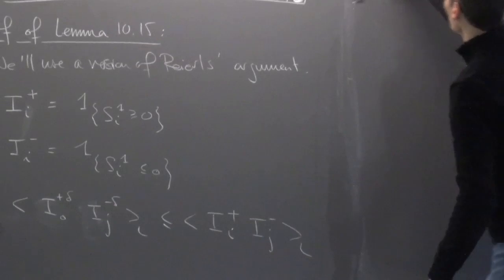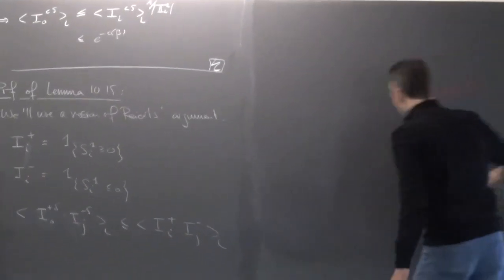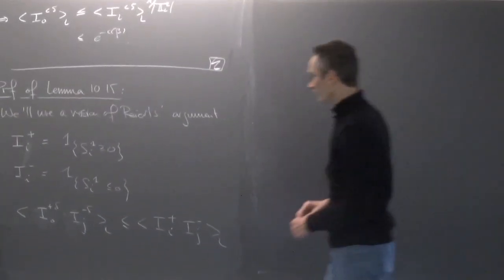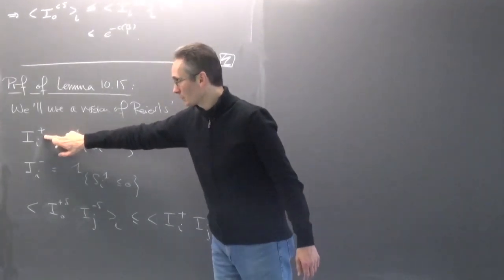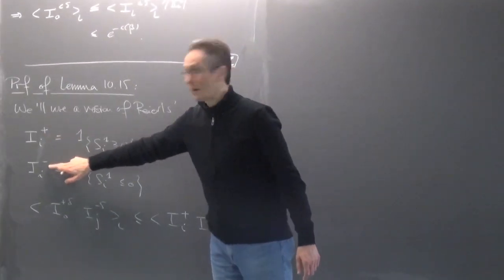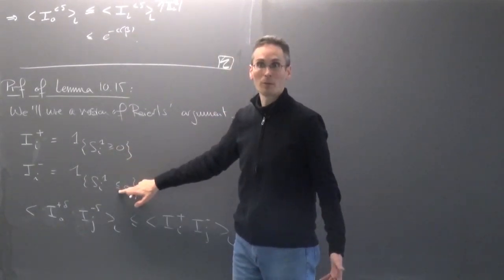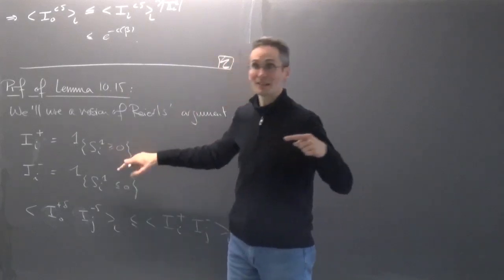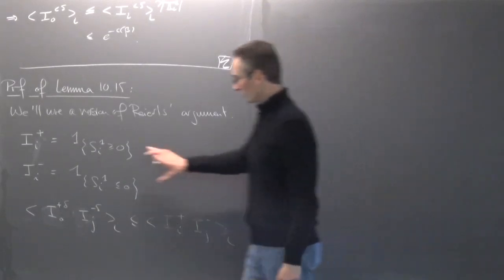And let's see how we can make a Peierls argument from that. So now each spin on the lattice will satisfy either this indicator equal to 1 or this indicator equal to 1. A priori, because I have greater or equal and smaller, they could both be equal to 1, but this happens with 0 probability because they need to have their first component exactly equal to 0, which has 0 probability under the a priori measure.